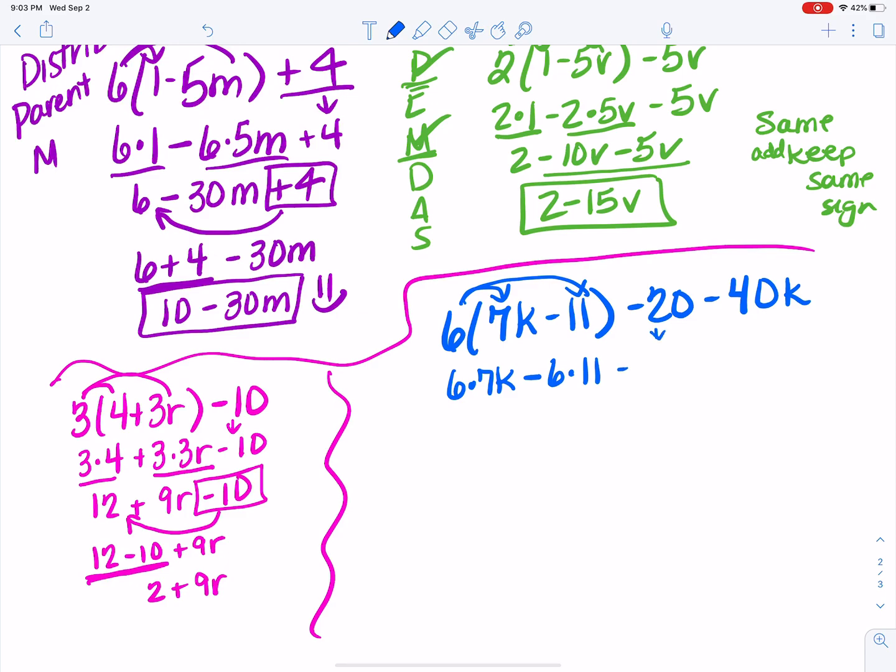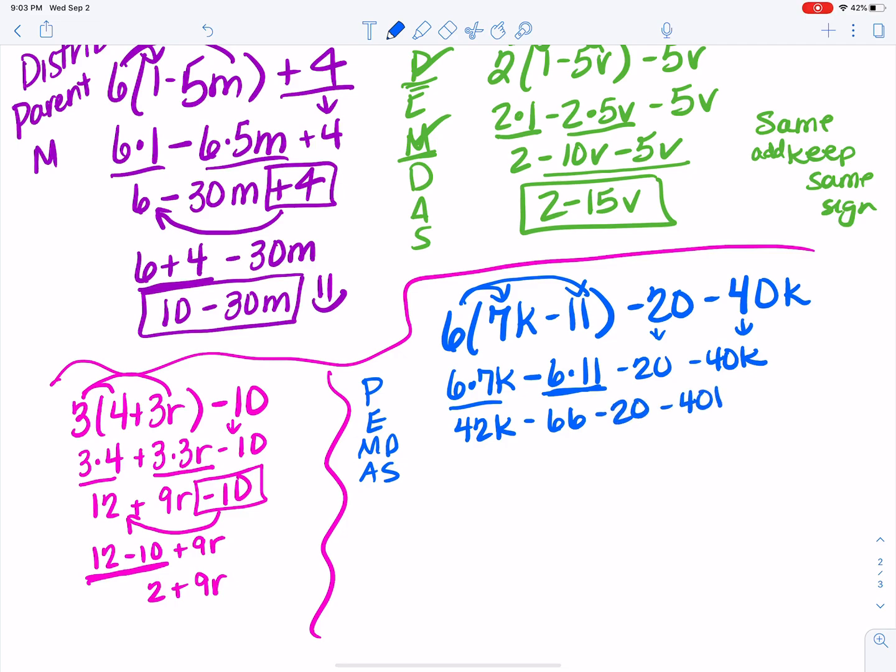Bring down the negative 20. Bring down the negative 40k. Next, you have to do your multiplication. So we're still doing the PEMDAS. So this is 42k minus 66 minus 20 minus 40k.